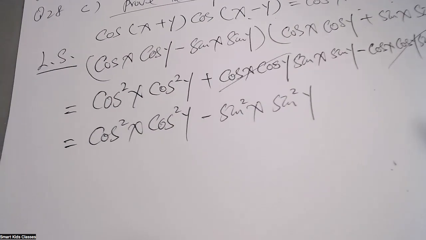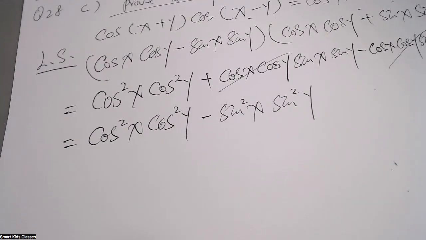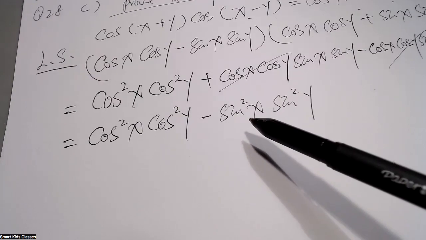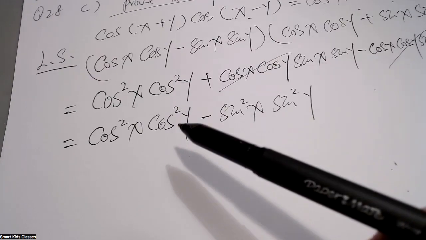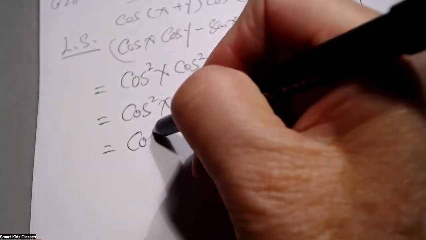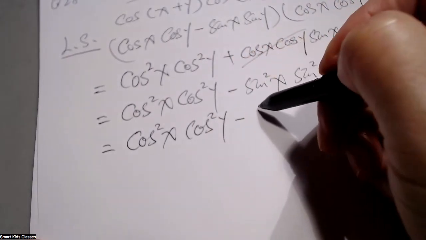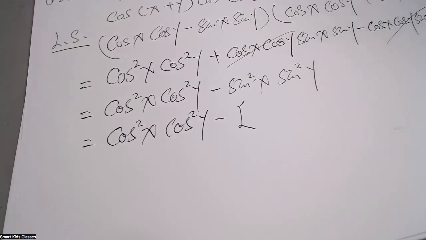Now from here, we're going to apply the trigonometry identities. We want to change them into the same variable, like sine changed to cosine. So for the first term, I'm going to write cosine square x and cosine square y minus, and I use a large bracket.